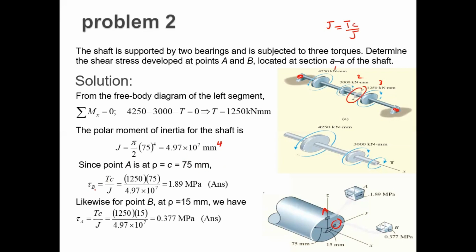So we say that the stress at A is equal to TC over J, which is 1250 into 75 divided by 4.97 into 10 to the power 7, 1.89 megapascal. This is at point A. Then at point B, T into C upon J will be 1250 is T, C here is 15, it is given, and 4.97 into 10 to the power 7 is J. So 0.377 megapascal is the shear stress at point B.